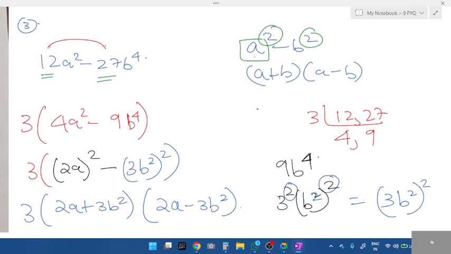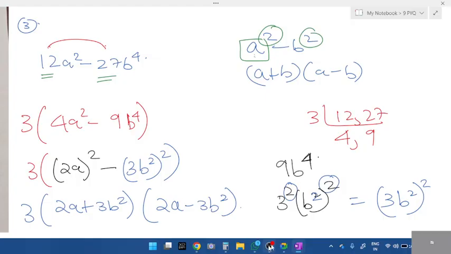Yeah, copy the third one, students. So you'll get one question from factorization like this. Either a square minus b square, or you'll have 4 terms, 3 terms. We'll practice all those.